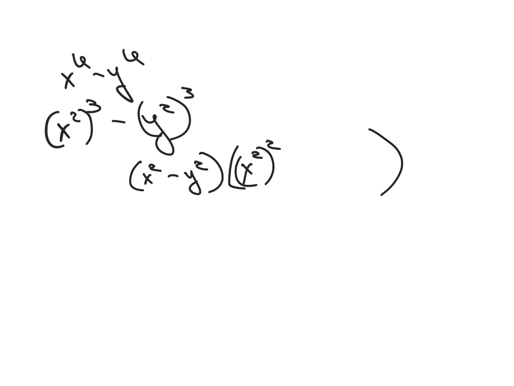So if I look back at my formula, middle of page 75, the minus ones, it has the a minus b times the a squared plus the a times the b plus the b squared.